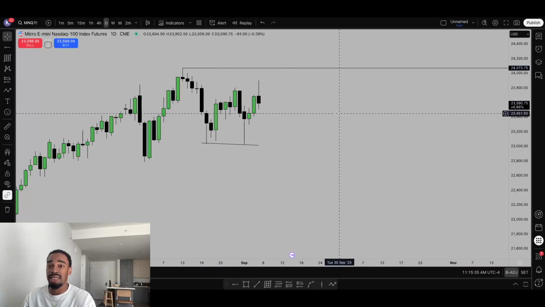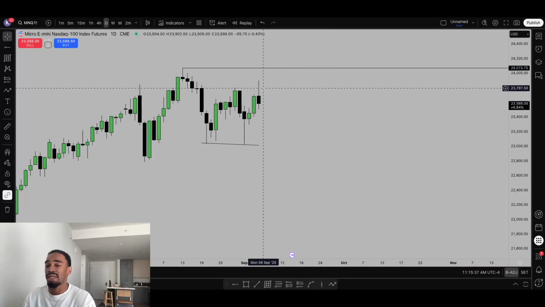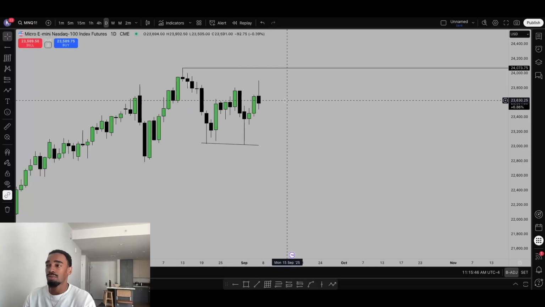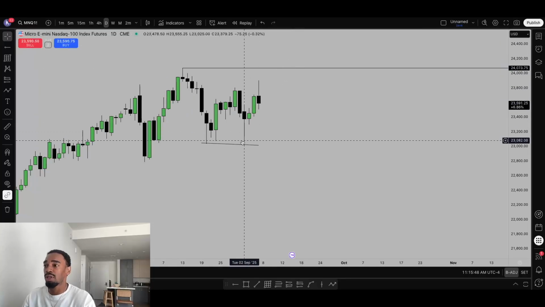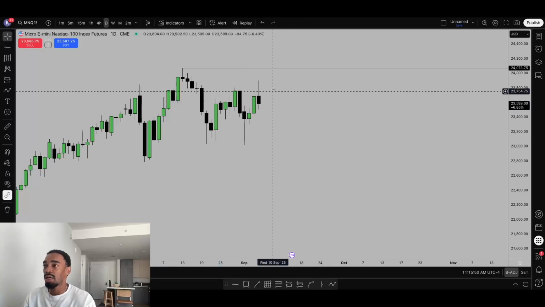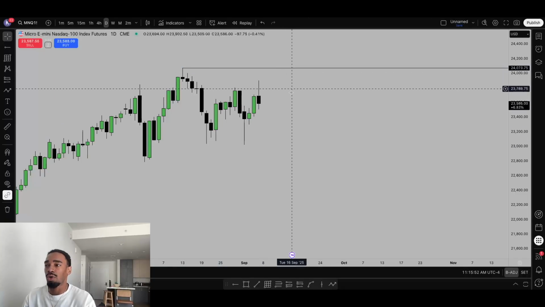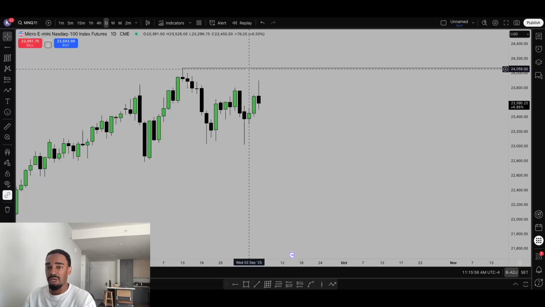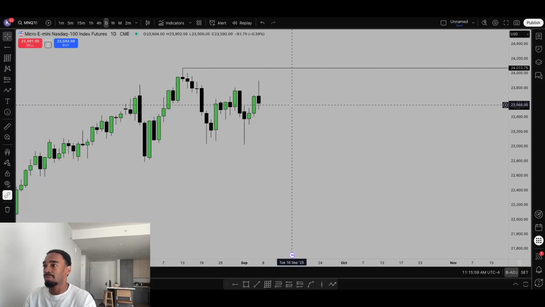But the thing with today's all-time high, when I get to my desk this morning, the one thing that I noticed is the S&P 500 has taken the all-time high and NQ has failed to do so. So now that our major draw on liquidity has been met on one asset, I am no longer looking more so for a long entry because the draw on liquidity has been met with an SMT.